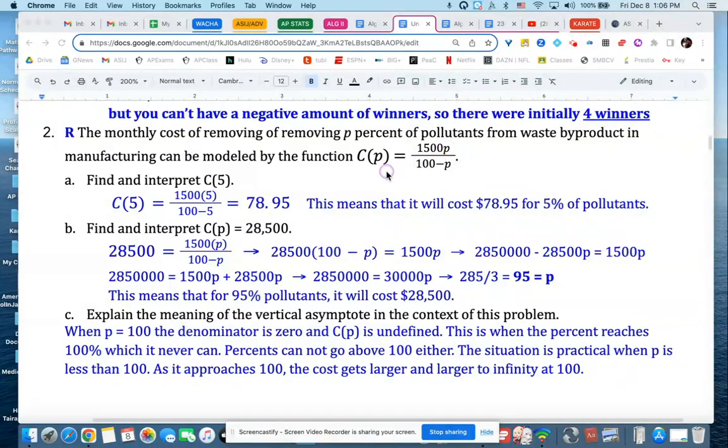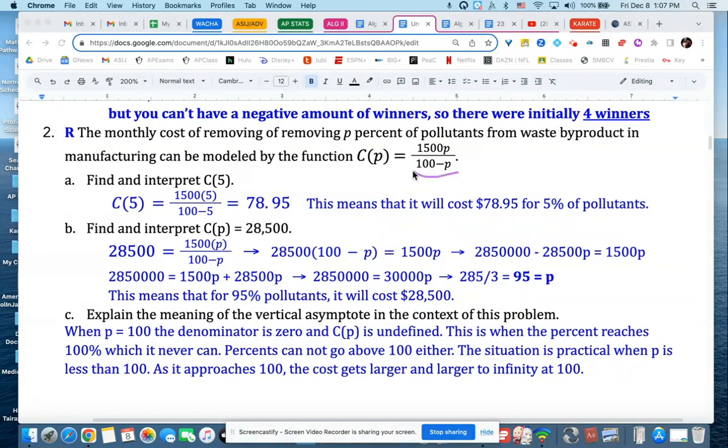What's P represent? I kind of want to know this. Oh, so P is the percent of pollutants in like a waste byproduct. So it's the percent of pollution.